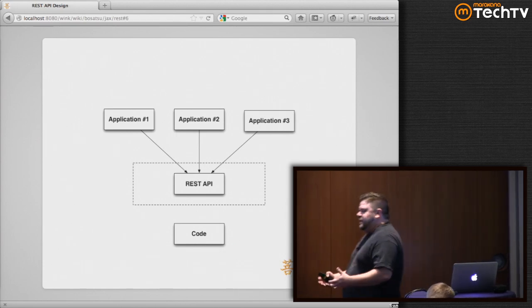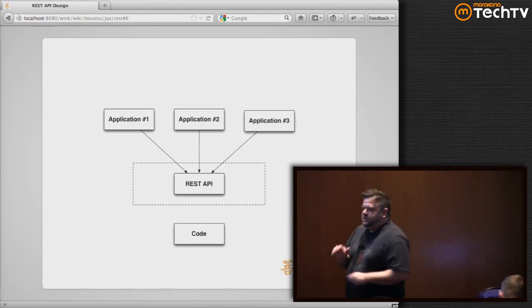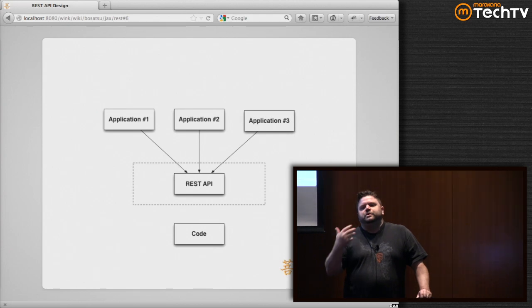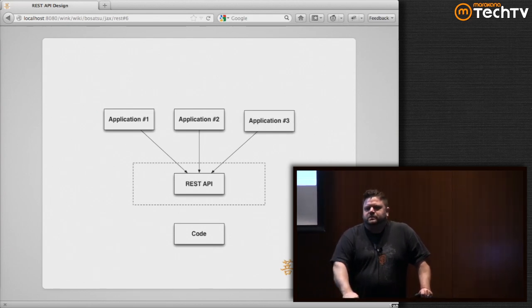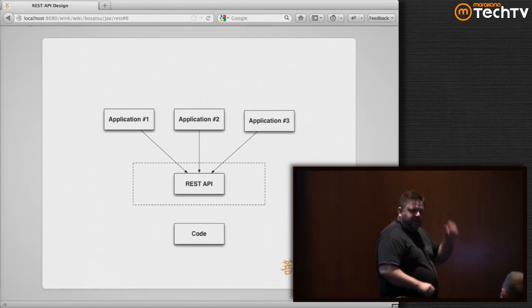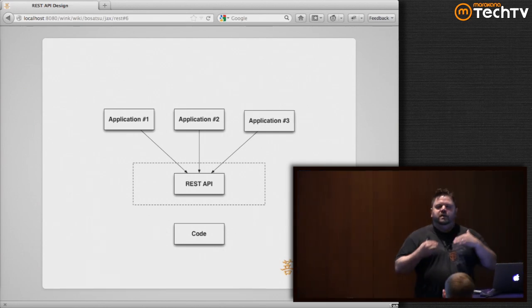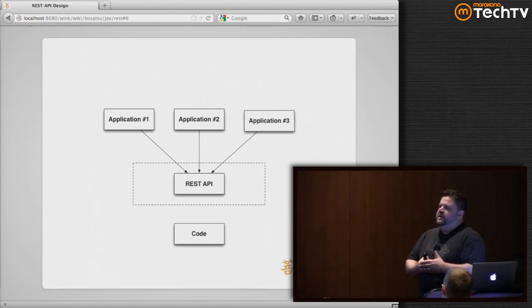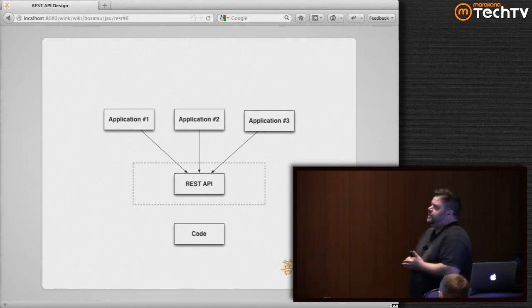A lot of the tools and frameworks that we use are designed to make it easy to produce and consume resources in languages like Java and other programming languages. But if you take the code-to-REST-API binding a little too literally, then your API is going to become exceptionally fragile, and that's what we want to get away from.